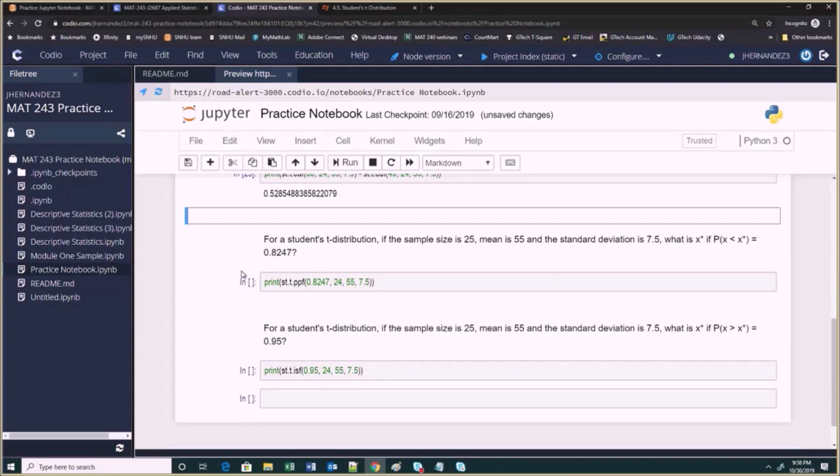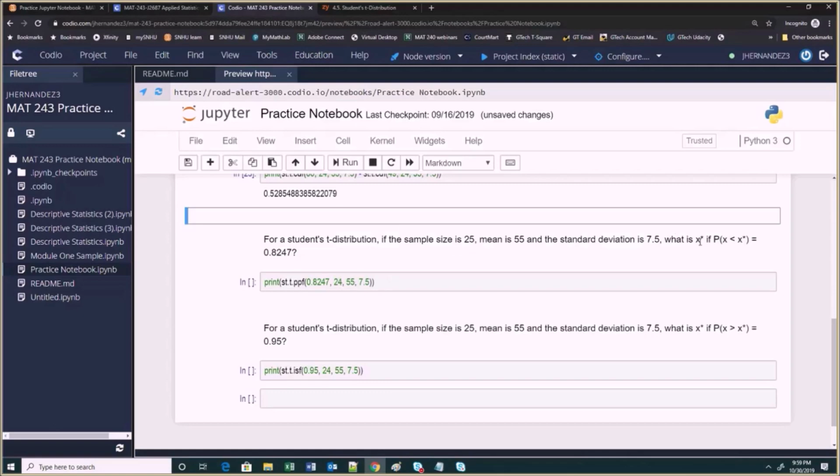Now in this example, we are trying to calculate the critical value, given that we are given the probability. So the sample size again is 25, mean is 55, standard deviation is 7.5. And again, we notice that the sample size is small. Therefore, we will use Student's t-distribution.